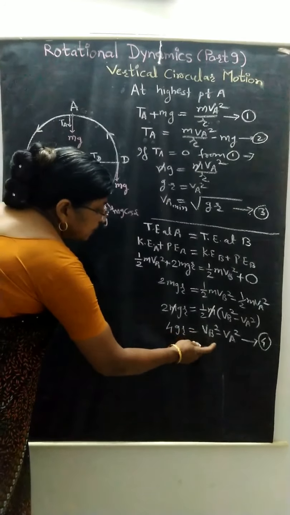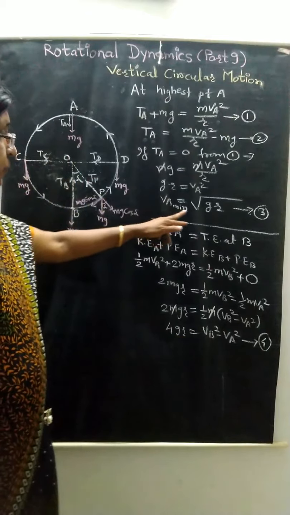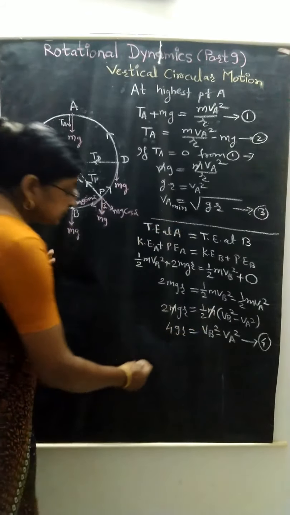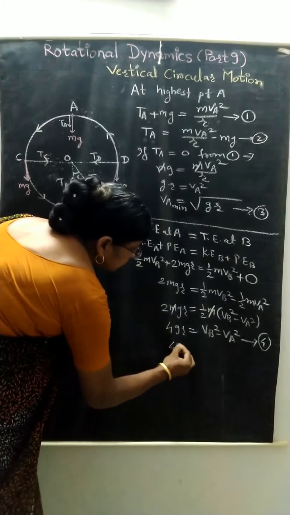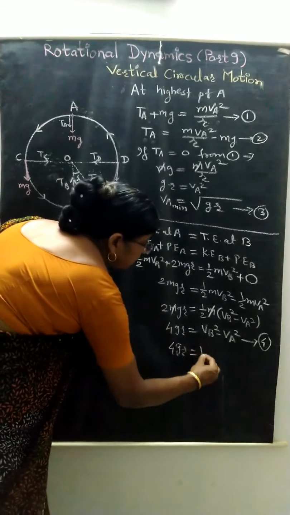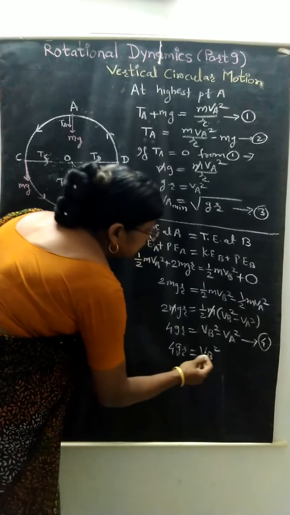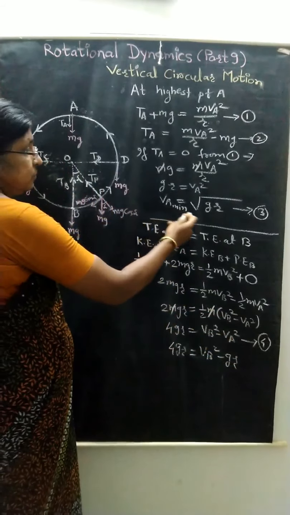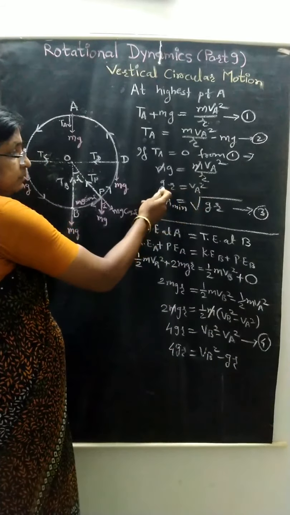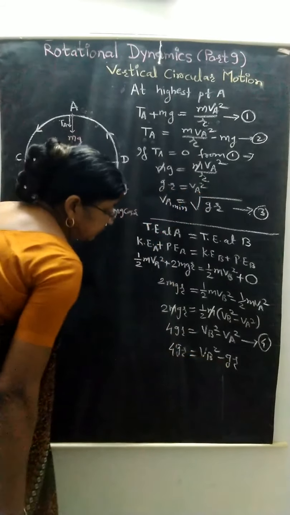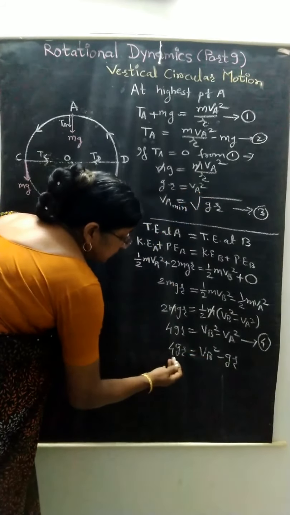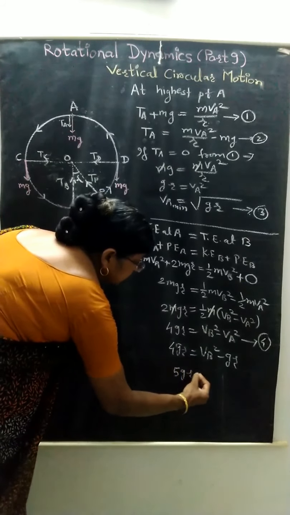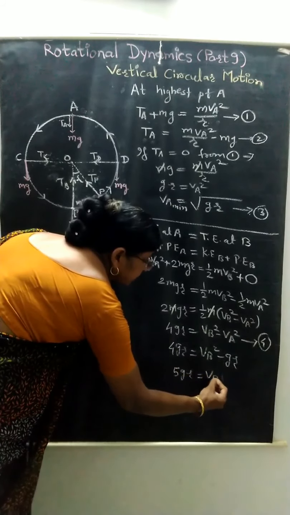Then here we have to substitute the value of Va to obtain Vb. Hence 4gr is equal to Vb square minus gr. As Va square is equal to gr here, so we shall substitute that value. When it goes to other side, it becomes plus. So 5gr is equal to Vb square.